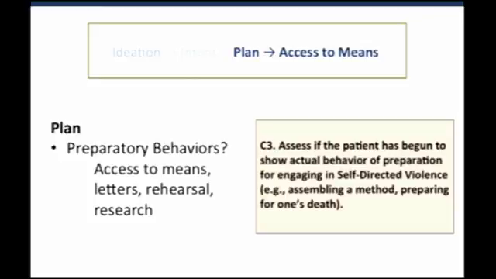Part of what I hear you saying is, are they just withholding the information? Is it more about them withholding the information, or not actually having a plan? Well, I'm thinking of some people who are chronically suicidal.